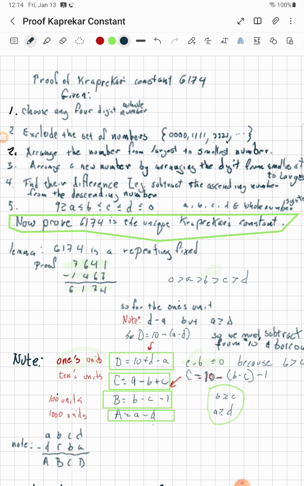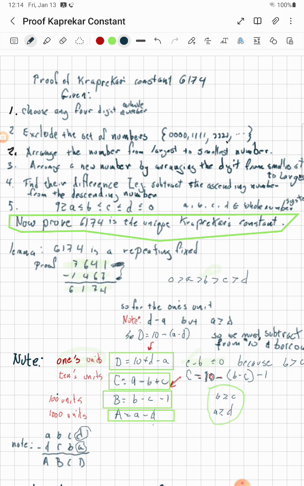So if I look at the ones unit, for example, if I take 1 right here and I subtract 7, I'm going to have to borrow. So whatever D is, here's D, and then minus A. So that's the ones unit.